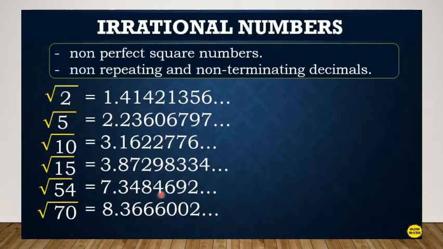Well, this one, ang result niya, since it cannot be expressed, since hindi natin siya pwedeng magawa na A over B kasi nga non-repeating at non-terminating siya, then these are considered irrational. Tandaan po, kapag ang given natin ay hindi perfect square numbers, then those are considered irrational numbers.